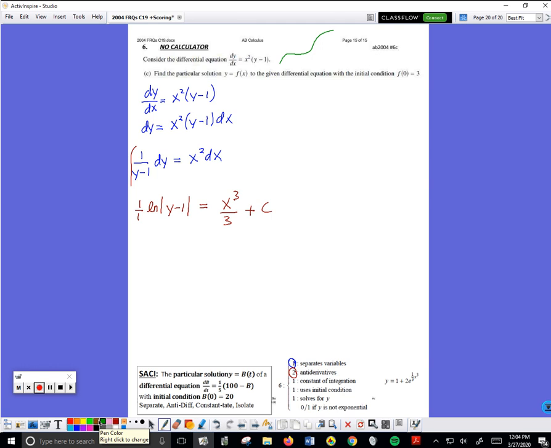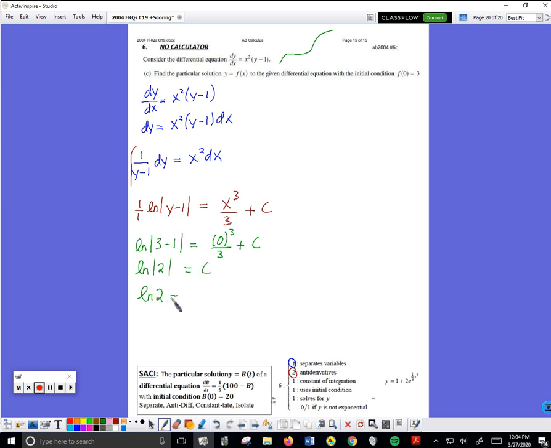Now we want to find the constant by using the initial condition. That will give us 2 more points. So we write down natural log, we plug in the y value. When x, for this formula we're looking for, when x is 0, y is going to be 3. So plug in 3 for y, 0 for x. The absolute value of 2 would simply be 2.